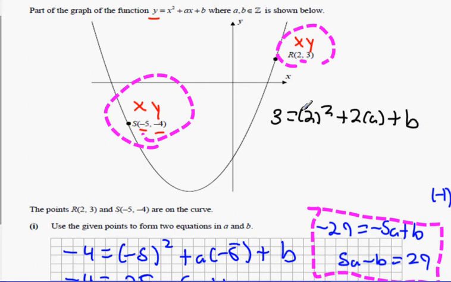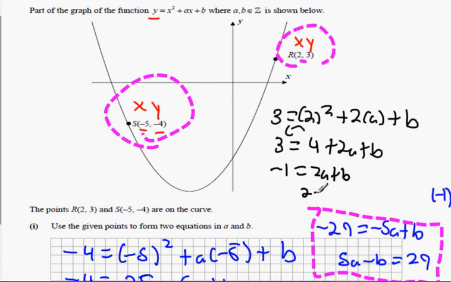Squared out, you're going to get 3 equals 4 plus 2a plus b. Bring the 4 over the other side and it becomes minus 4. So you're going to get minus 1 equals 2a plus b, and 2a plus b equals minus 1. Is everybody happy with that? Yeah?